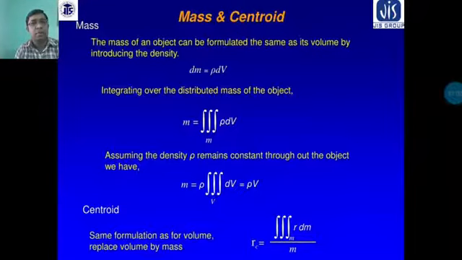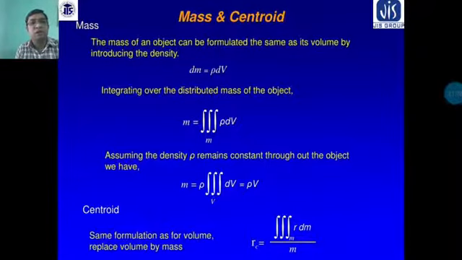What is the mass here? The mass of an object can be formulated the same as its volume by introducing the density. So dm equals rho dV.